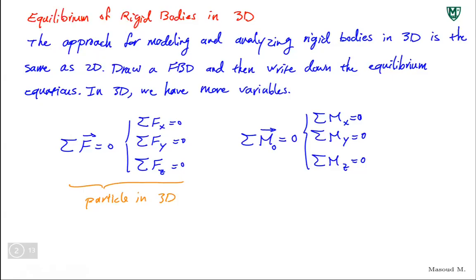For a rigid body, this was all the equations we had access to, or could use, to find unknowns or analyze the system. They were for rigid bodies in 2D space. Now we have an added equation for force and an added equation for a moment.